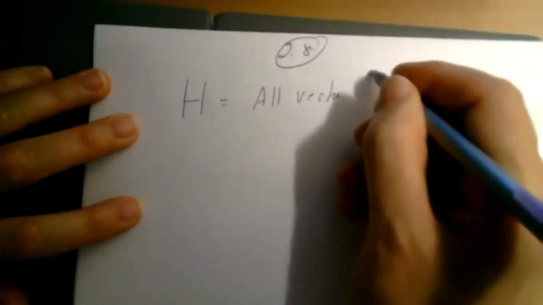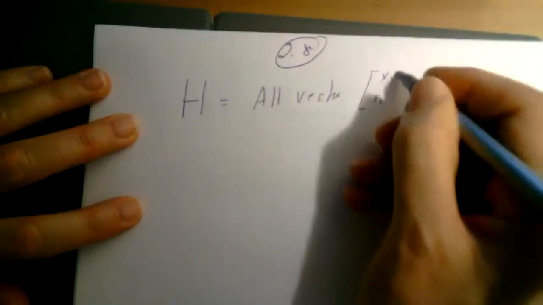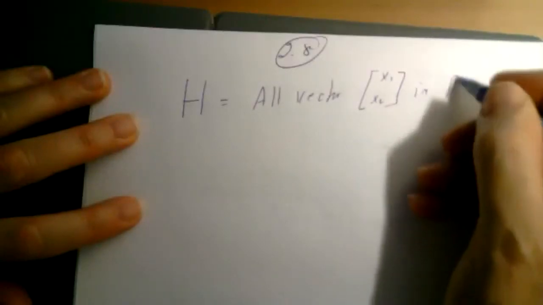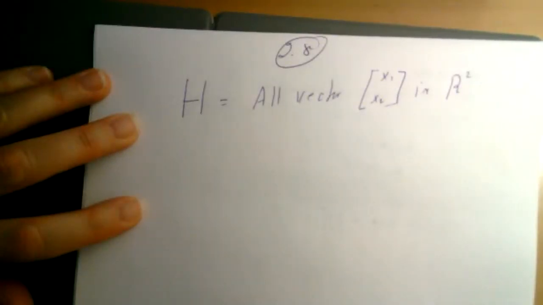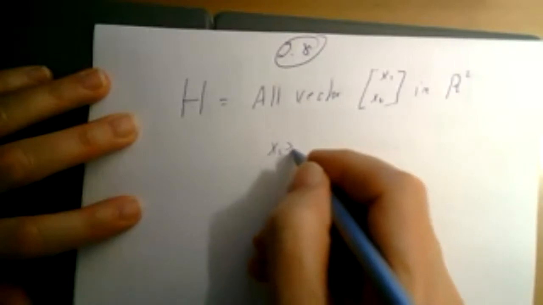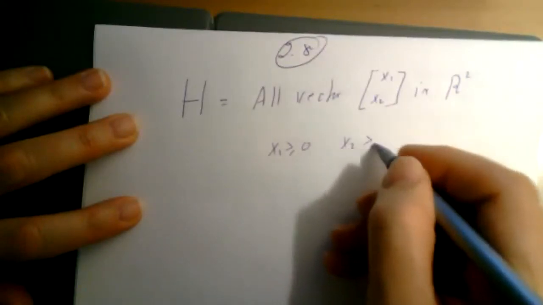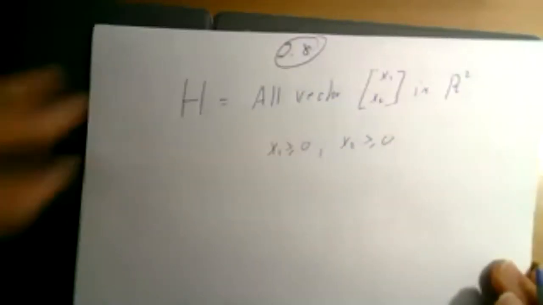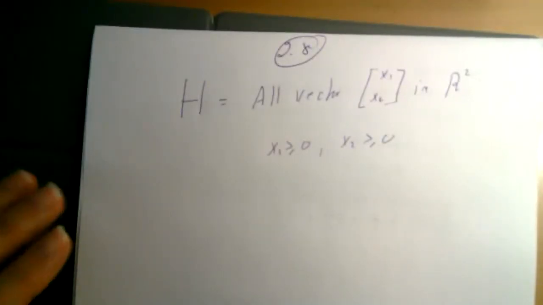Suppose I tell you H is all vectors x1, x2 in R2 that satisfy the condition: the first component positive and the second component positive. So let H be all the vectors in R2.